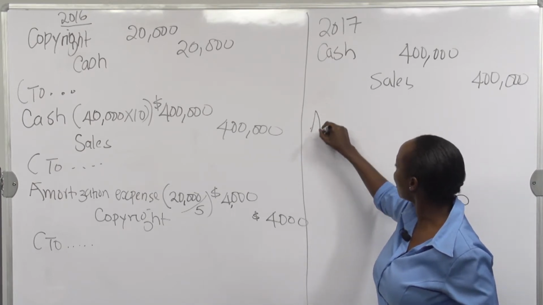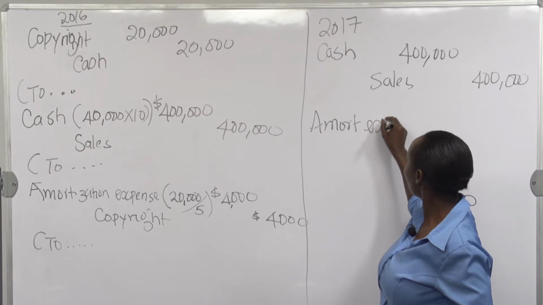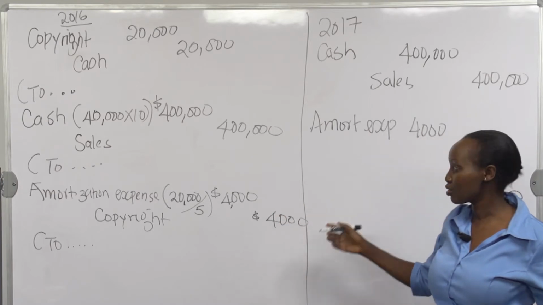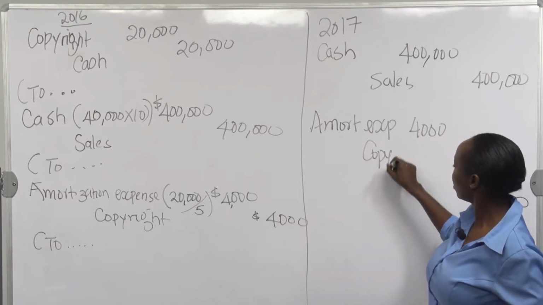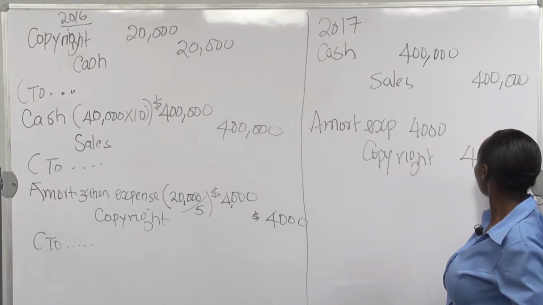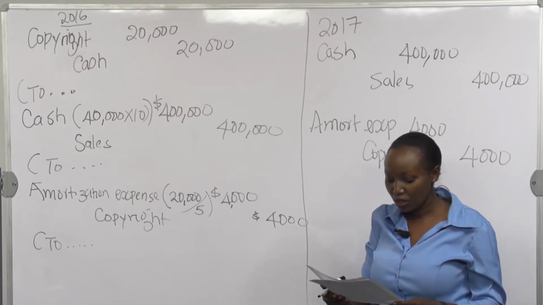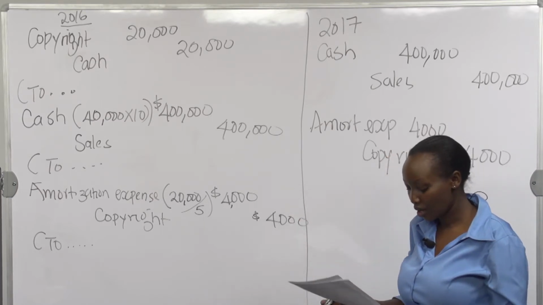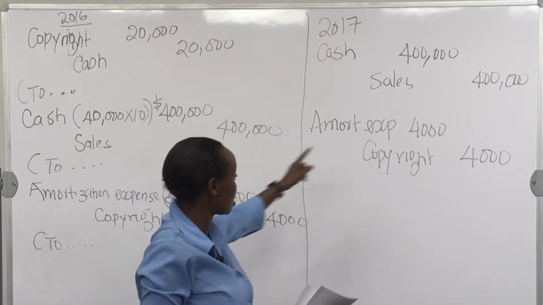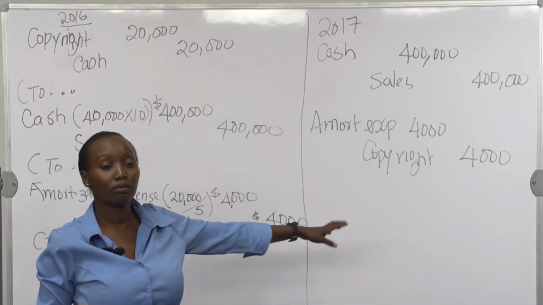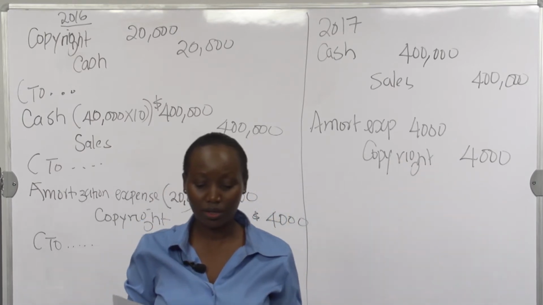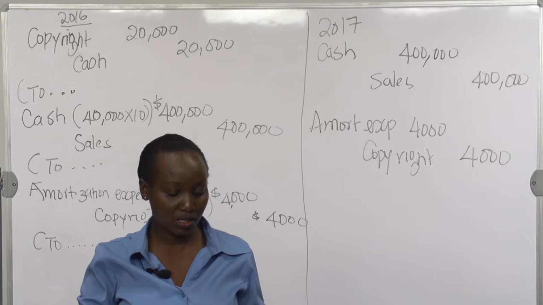The amortization expense is $4,000, and we have a decrease to copyright of $4,000. We just do straight line in this case, so each year we will have 4,000. At the end of these 2 years, the copyright will be worth 12,000: 20,000 minus the 4,000 for 2016, and then minus the other 4,000 for 2017.